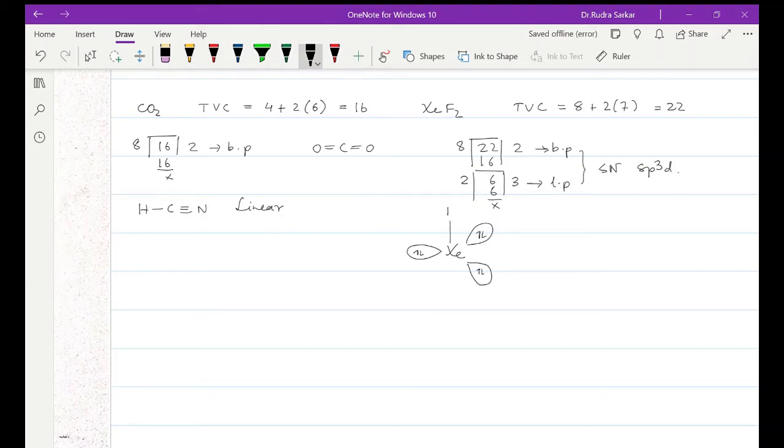So lone pairs, using Bent's rule, will be placed in the equatorial positions, and the fluorine, which is most electronegative, will be placed in the axial positions. So this shape that you can see is nothing but linear. So this also is linear.